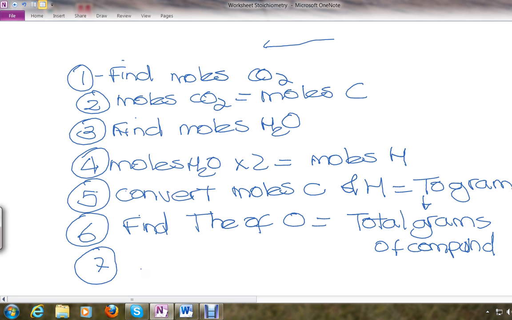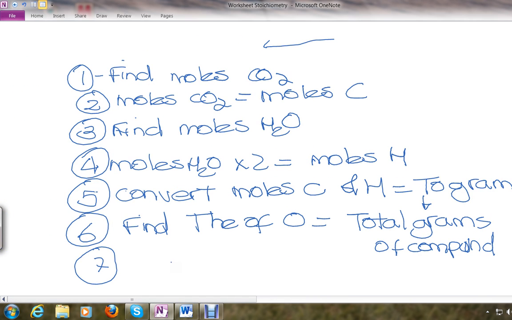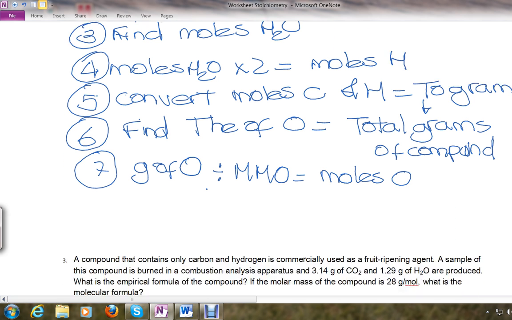So the next step, once you know the grams of oxygen, what do you have to do? Divide grams of oxygen by the molar mass of oxygen. And what does it give you? The moles of oxygen. Now you can do what I was starting to do, like you normally do for an empirical formula.